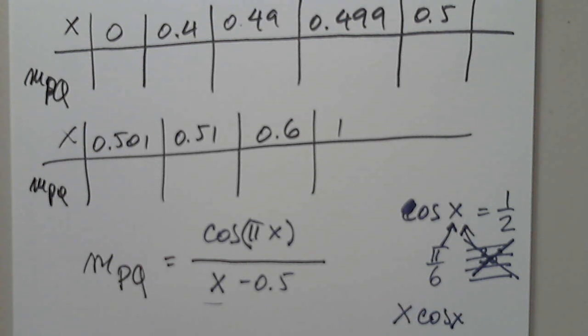Then I go to second and table, and I punch in 0, then 0.4, then 0.49, then 0.499, then 0.501, then 0.51, then 0.6, and then 1. I recorded this, and it's in the module, in the lecture notes, so you can always go back and review those steps.